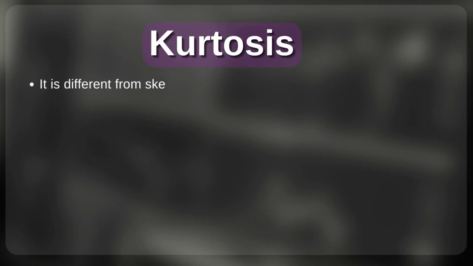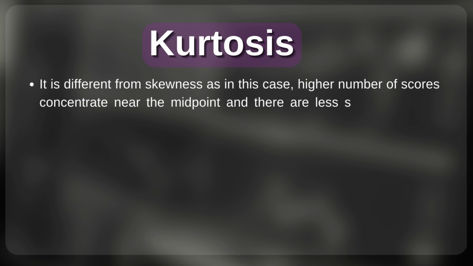What exactly is kurtosis? It is different from skewness, as in this a higher number of scores concentrate in the midpoint and there are lesser number of scores away from the midpoint.